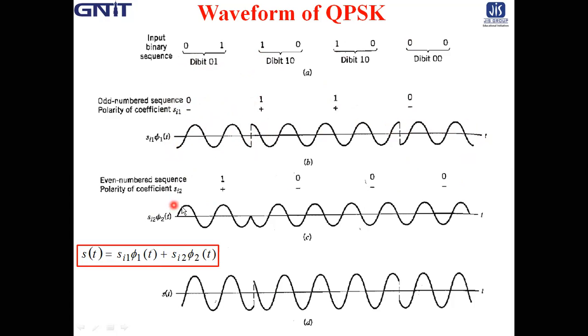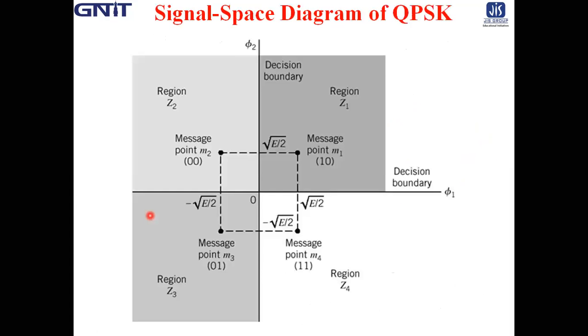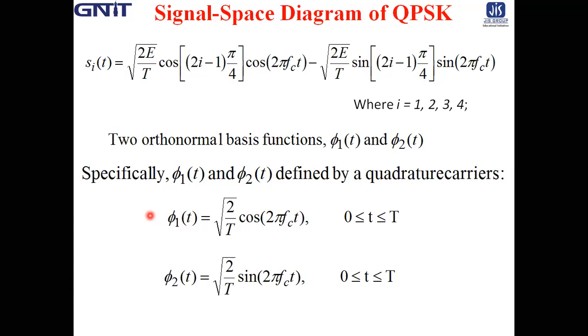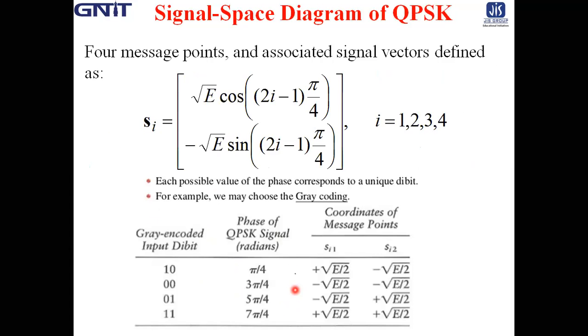Now for the even number sequence, psi2 into phi2(t). Even means it is multiplied with phi2(t), that is sine. psi1 is multiplied with the cos signal, phi1(t) means cos, and phi2(t) means it is multiplied with sine 2 pi fct.